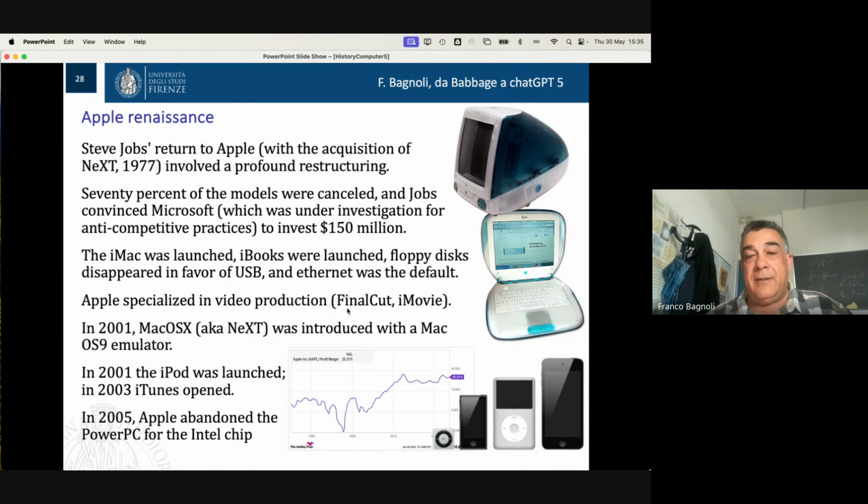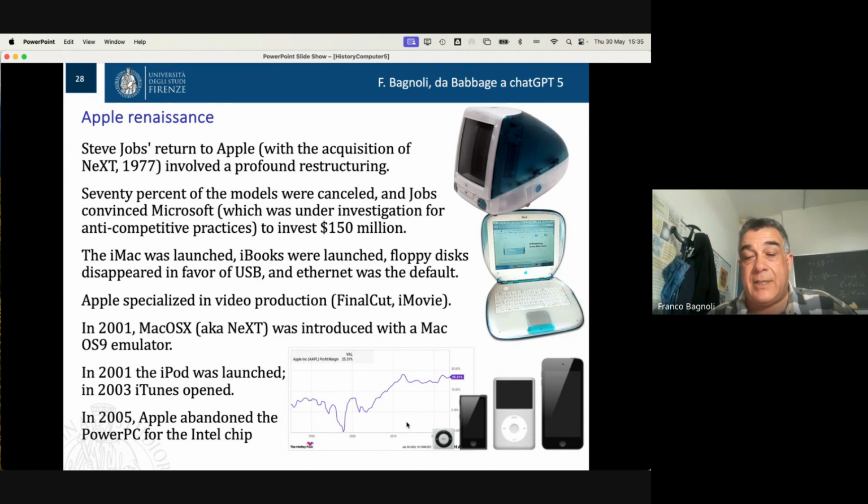So Apple launched the home system for making movies like Final Cut and iMovie, and clearly with a new operating system, which was essentially NeXT.